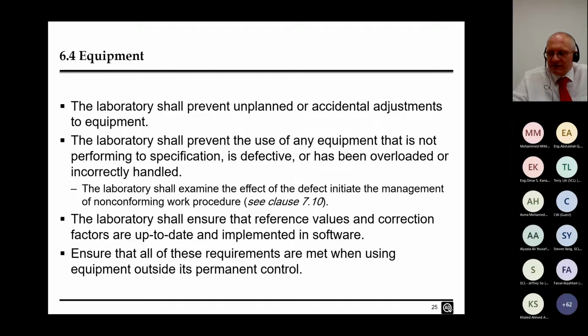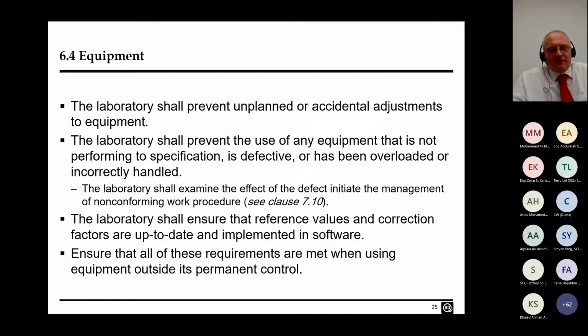Someone's had their instrument back from calibration, but they haven't changed the reference values or the correction factors in the software. You need to make sure you've got a robust system that ensures that when that equipment comes back, one, you check it, as we just discussed, and two, that you update any reference values that are using that so that you're not using previous data. It's very simple, but it's one of these things that is forgotten surprisingly often.